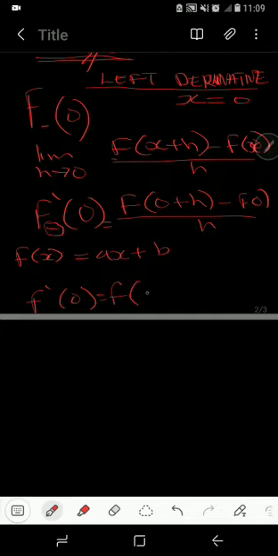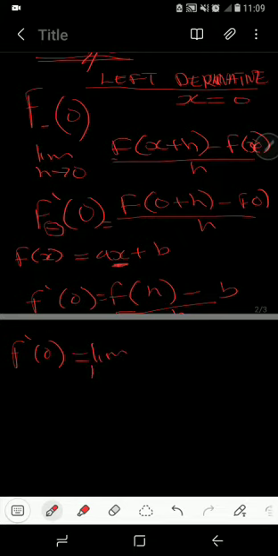You're going to have something like this: h minus b, when there is 0 here, over h, is equal to the limit as h approaches 0 of a times (0 plus h) plus b minus the function here at 0 plus h.